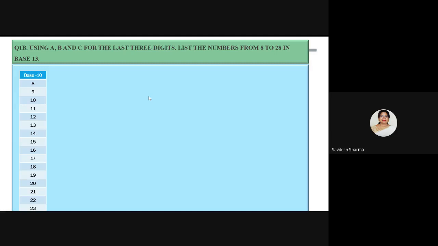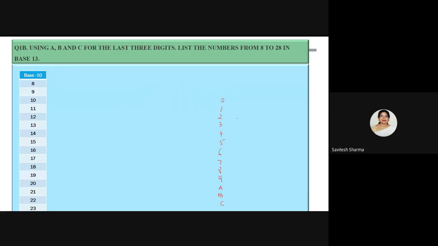So starting with the ABC, it is saying that it is base 13. That means you first have to decide the symbols for this base. It is 0, 1, 2, 3, 4, 5, 6, 7, 8, 9. See, these are the 10 symbols, and then A is the 11th symbol, B is the 12th symbol, and C is the 13th symbol.